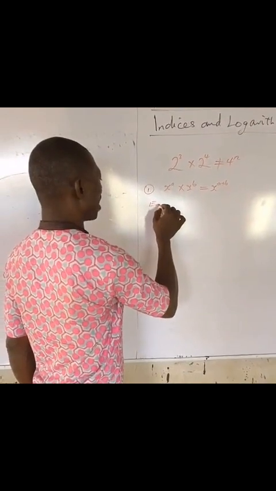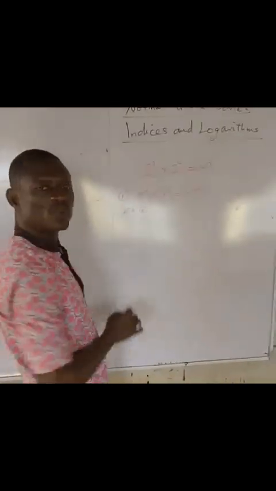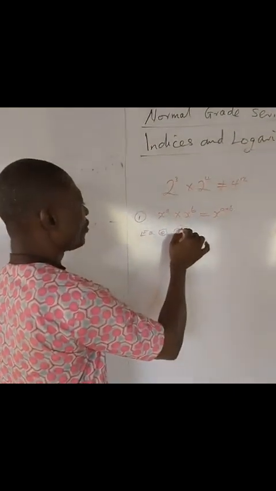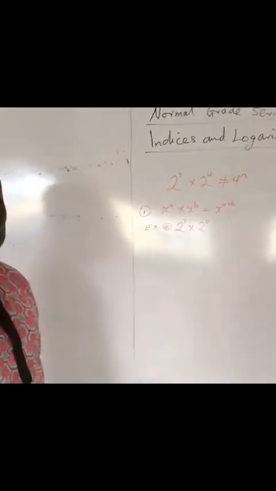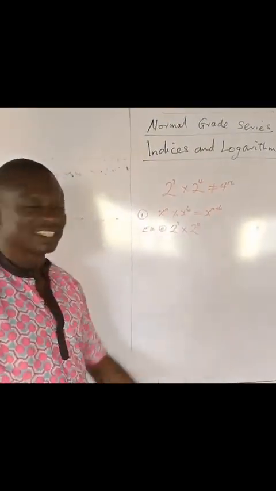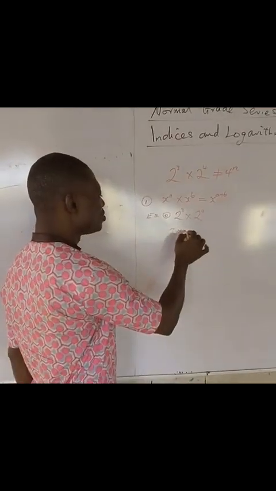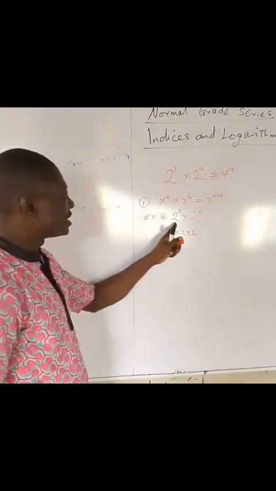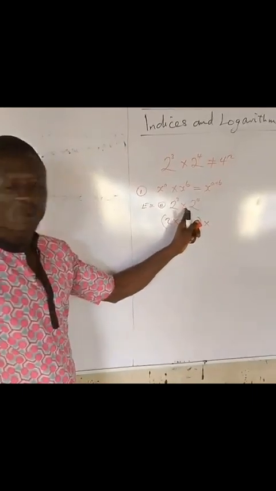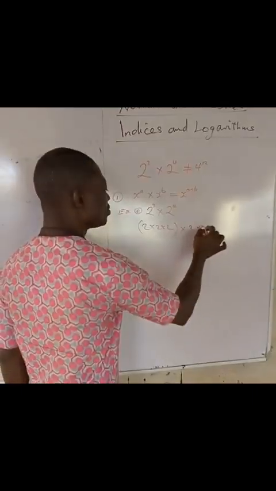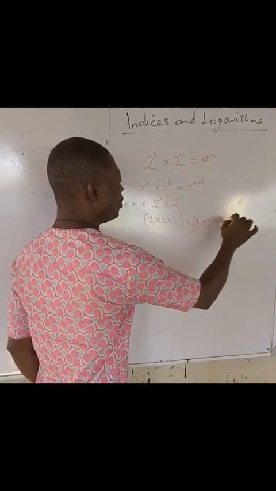Examples. Example 1. Let us make this example A. To solve 2 raised to the power 3 times 2 raised to the power 4, someone who knows mathematics but doesn't know the laws of indices may do 2 times 2 times 2, which represents the first number, then times 2 times 2 times 2 times 2 in 4 places, which represents the second number.